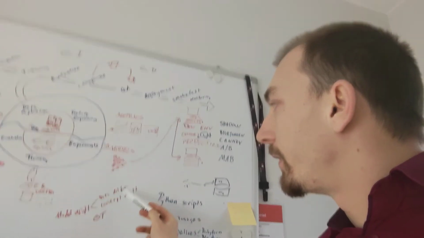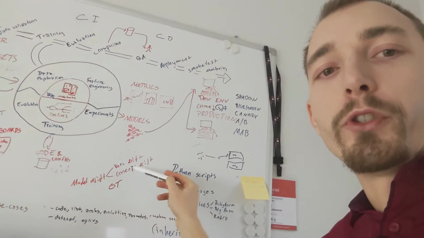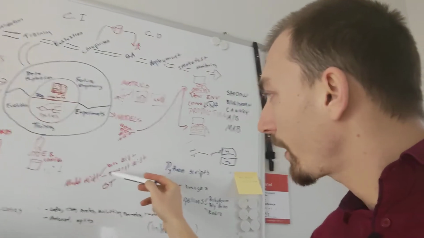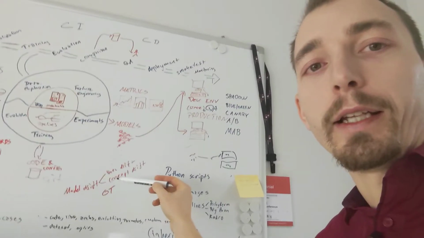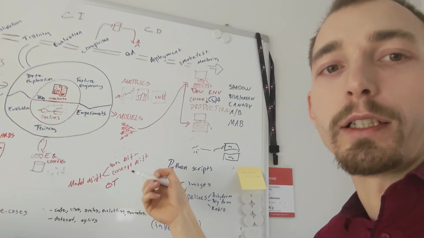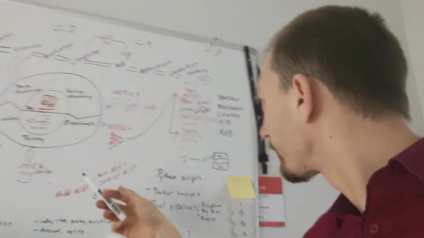So data drift is distribution changes in the data itself, while concept drift is that the mapping that the model is modeling has changed.